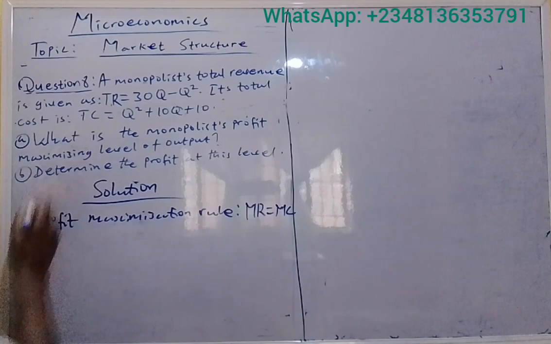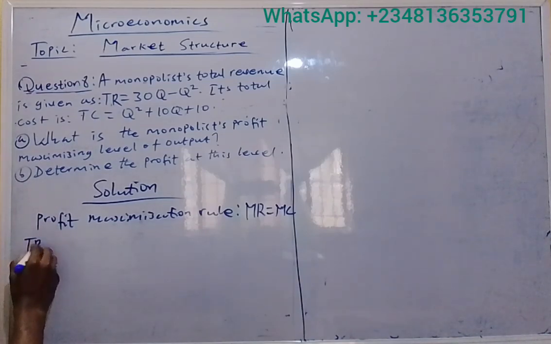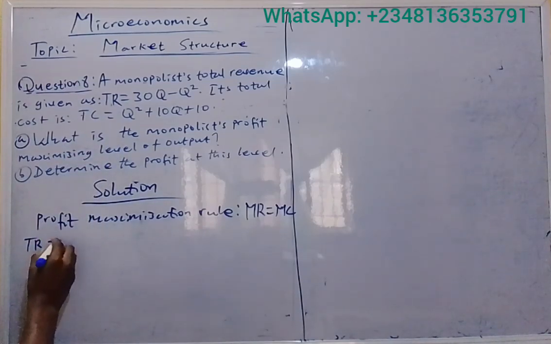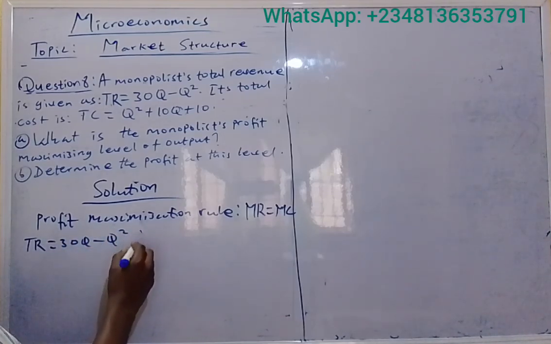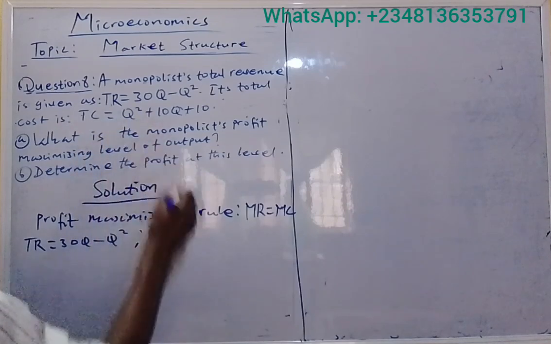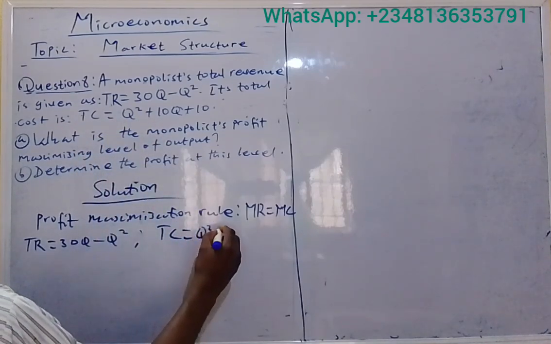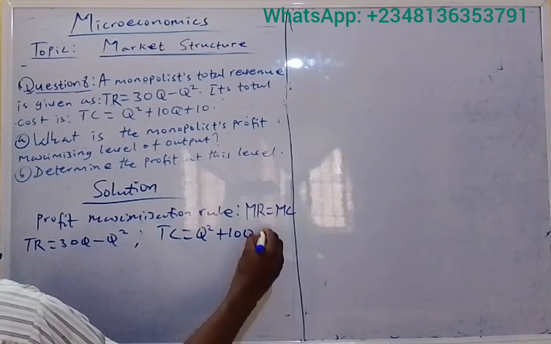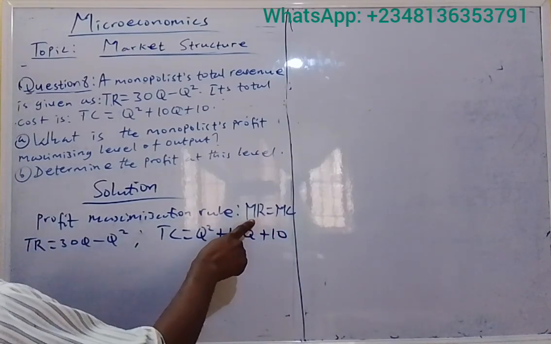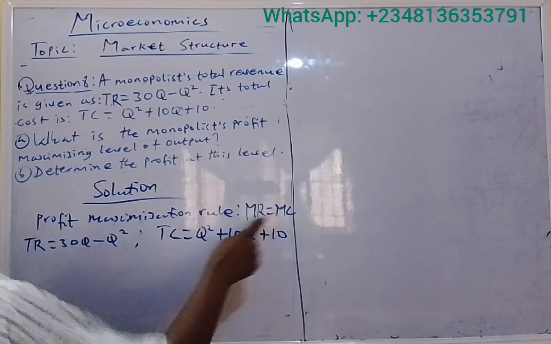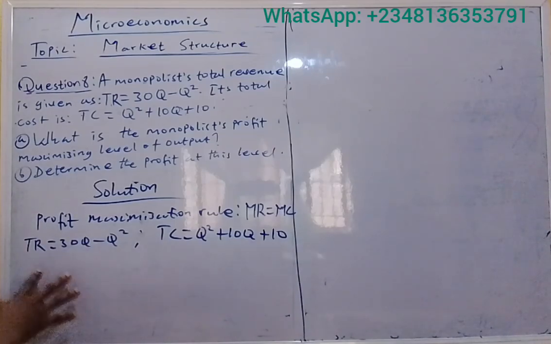Now, also recall we are given our TR, which is equal to 30Q minus Q squared. And we also have our TC, which we are given as Q squared plus 10Q plus 10. The rule says we should equate MR to MC. And we know from TR we can derive our MR. How do we derive our MR from TR?